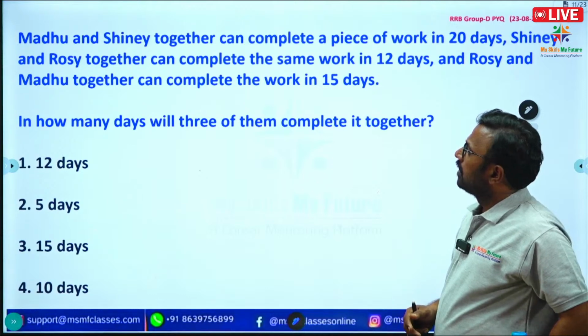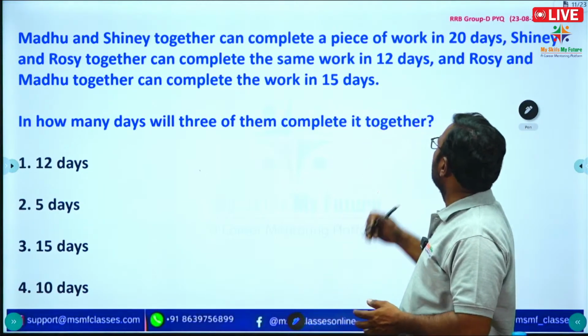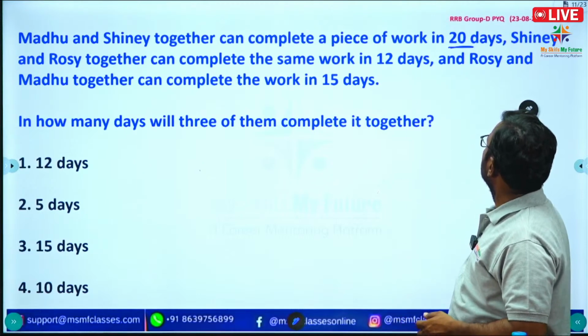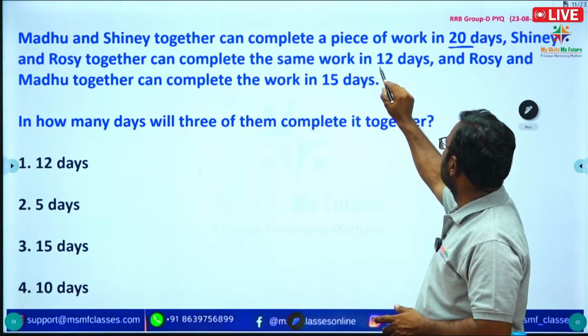Madhu and Sinhe together complete a piece of work in 20 days. Sinhe and Roshi together can complete the piece of work in 12 days.